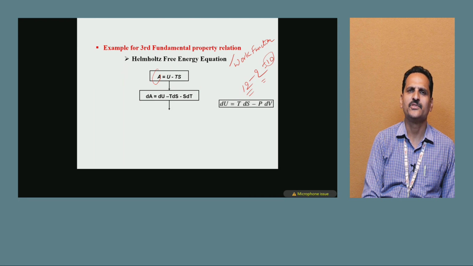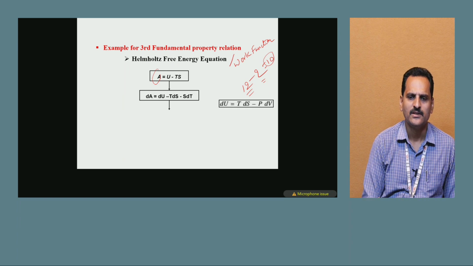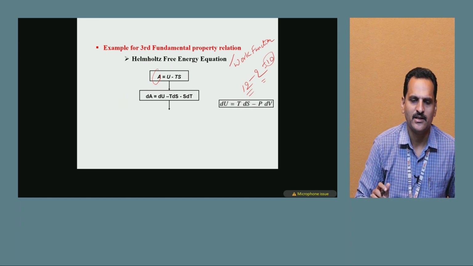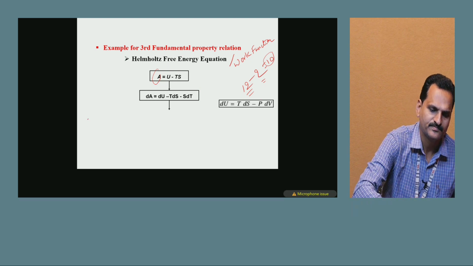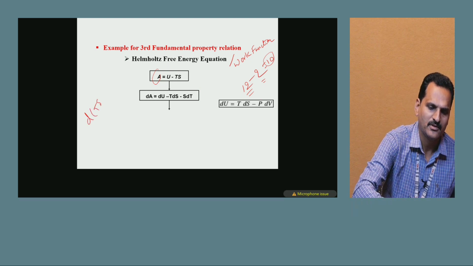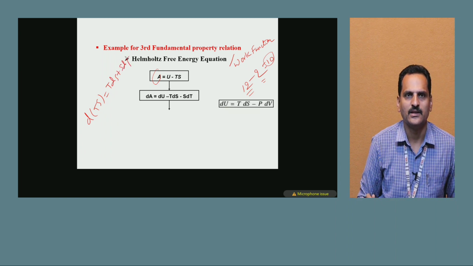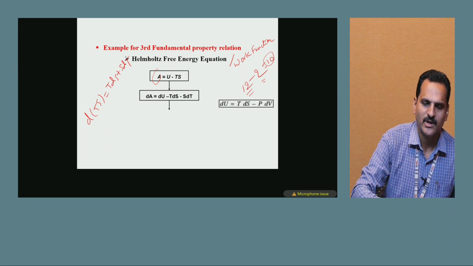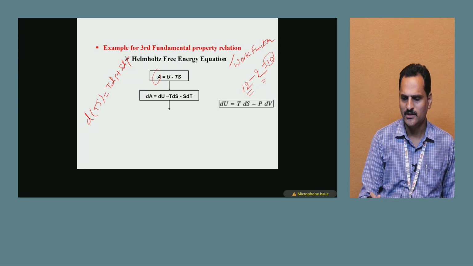Apply the same simple mathematical differentiation form here. d of TS is equal to TdS plus SdT. There is a minus sign here, that's why minus TdS minus SdT will come here.